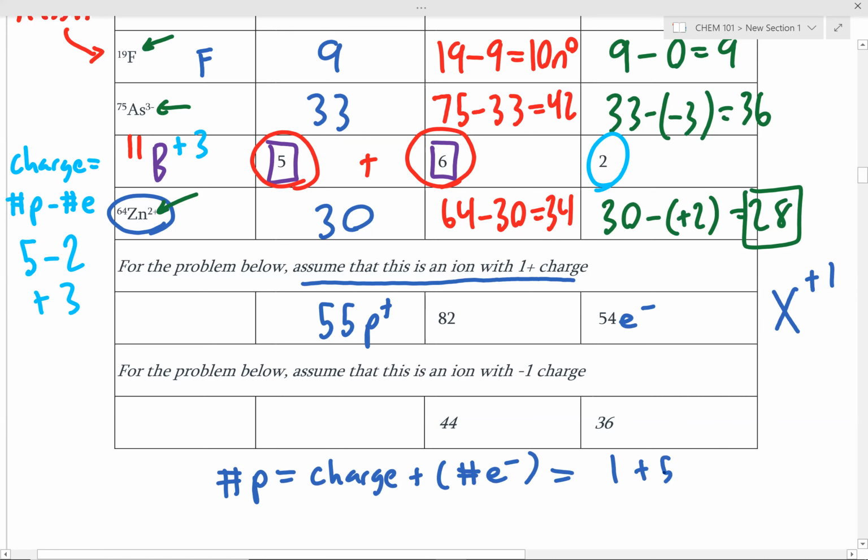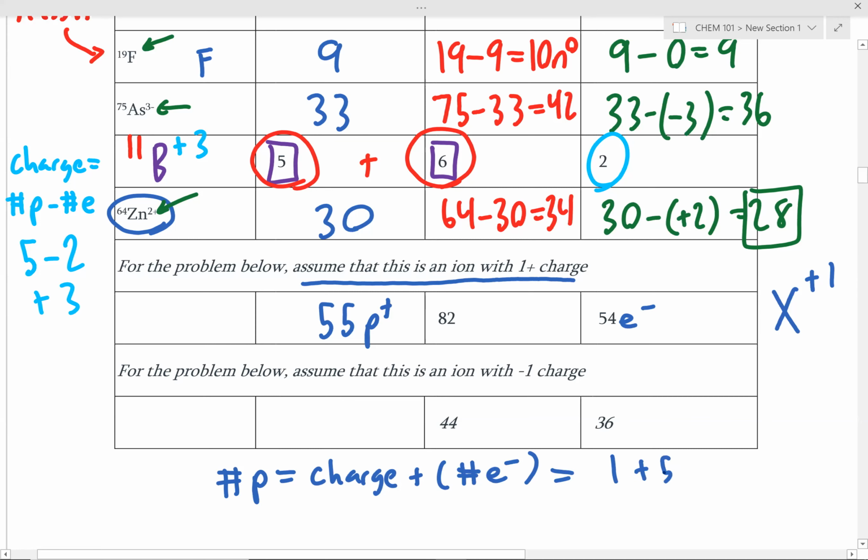Now from this information, can we identify the element? Yes. Okay, so let's go to our periodic table. What element has an atomic number of 55? And I'll have to zoom in over here. Cesium. Perfect. So now let's go back to our exam. So this is cesium.